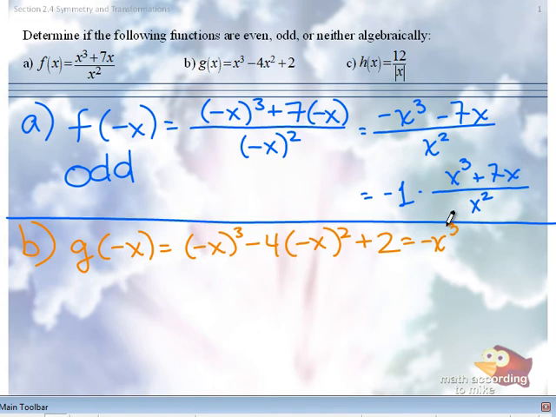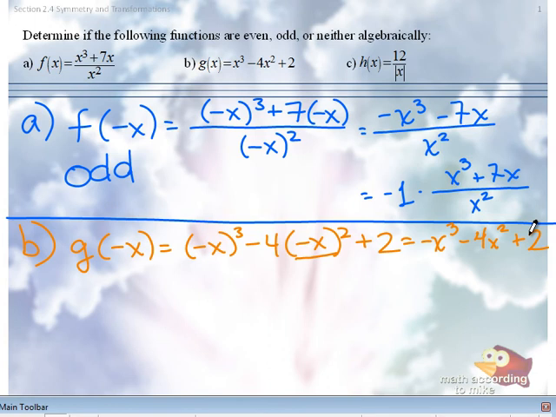Negative x quantity squared? Careful. This negative is going to go away in here, so this is x squared right here, times negative 4 is, and the plus 2 just carries.